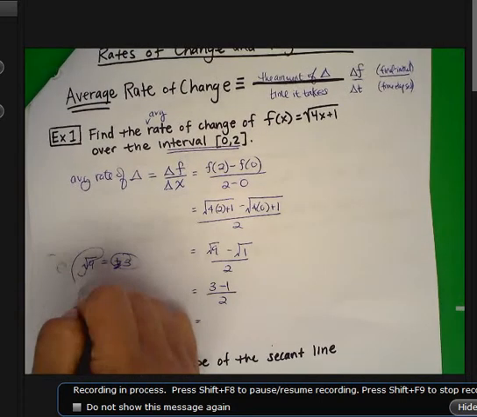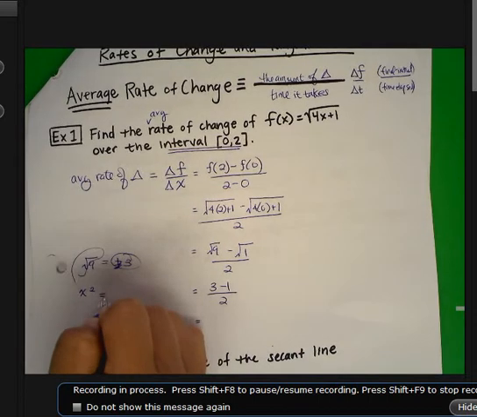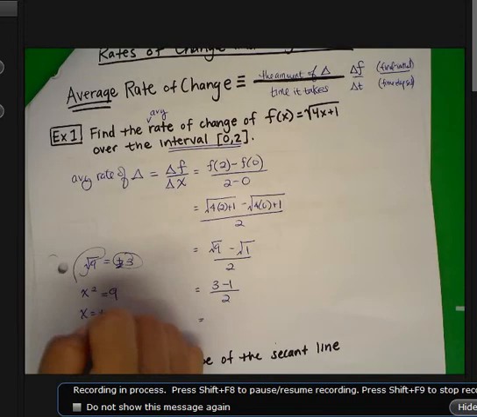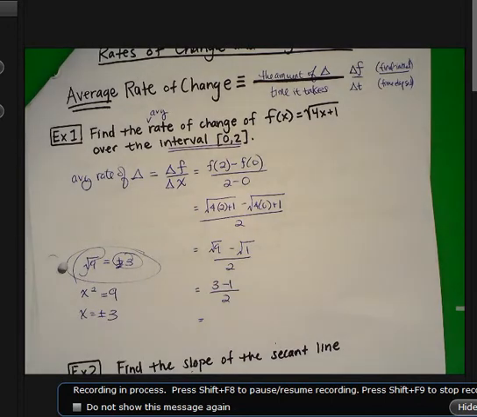But if you're solving for x squared equals 9, then there's two answers. X is plus or negative 3. But if they're asking you just for the square root of a value, it's asking you for the positive one, okay?